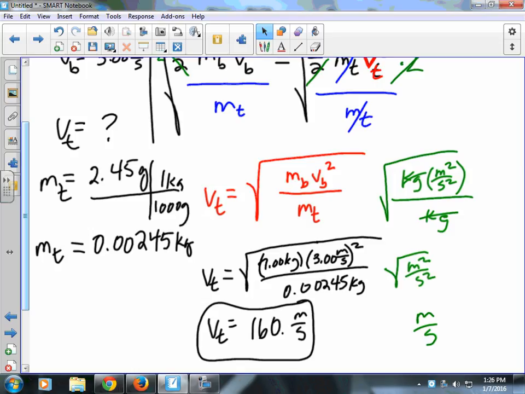Okay, so the other part of the question says, is this reasonable when you play table tennis? No. I wouldn't think so. Good God, 160 meters per second. That ball would put a hole through us, wouldn't it?